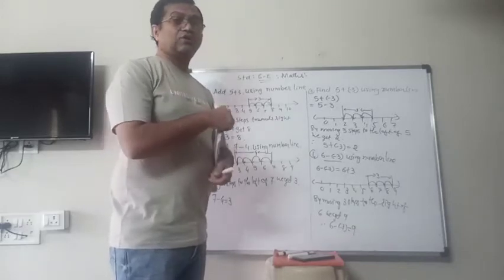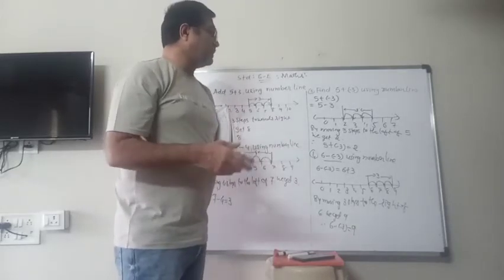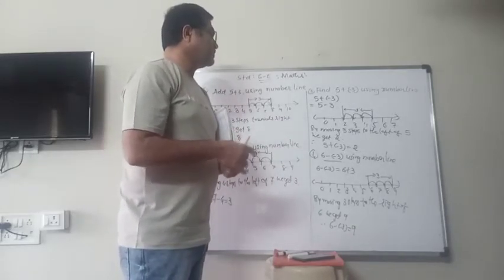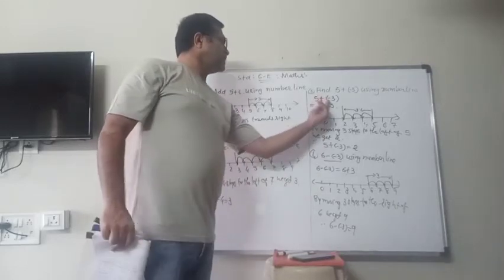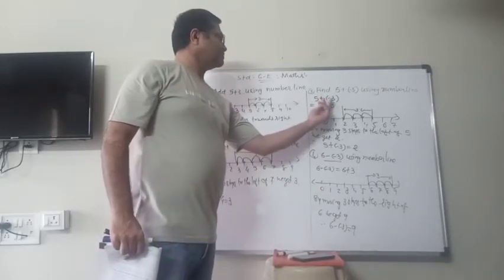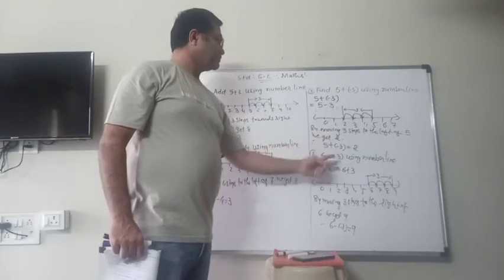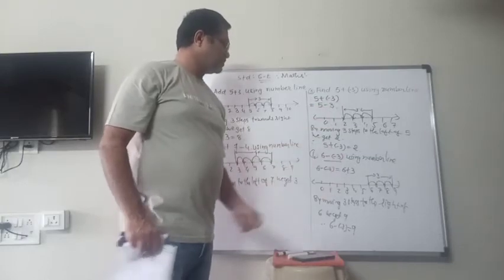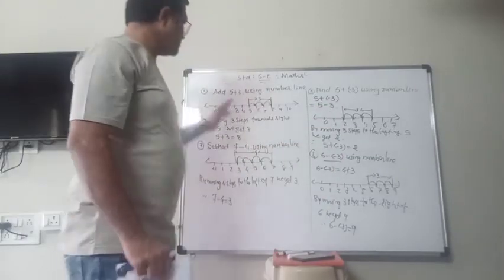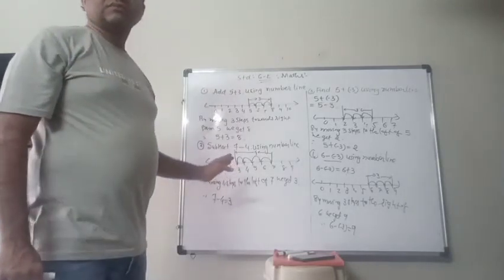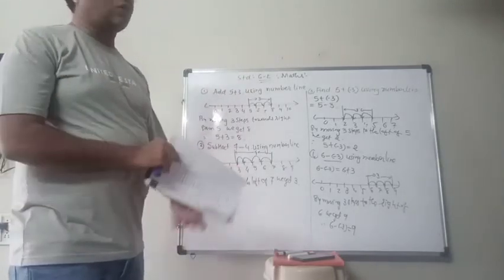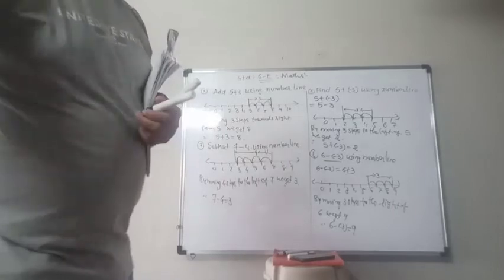So here whenever you use the number line, be careful when there are two signs together. Plus minus will be minus. Minus minus will be plus. And if there is only one sign, it is very easy. You know how to do that.